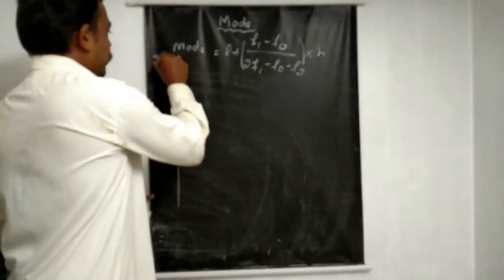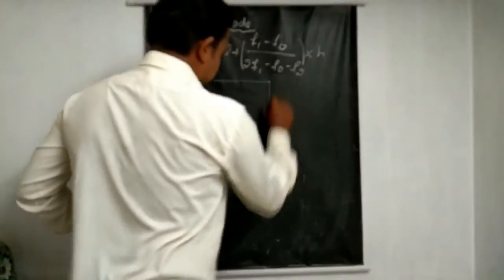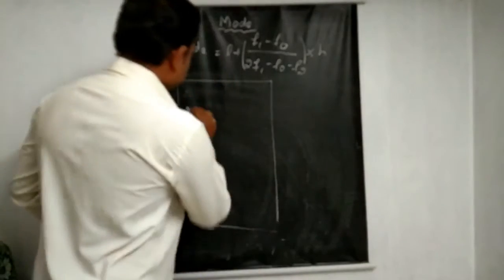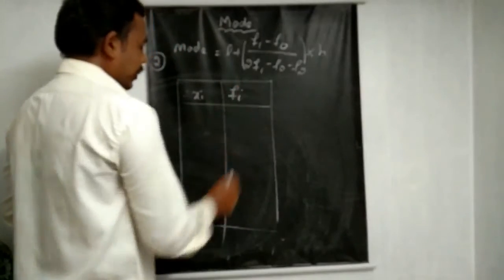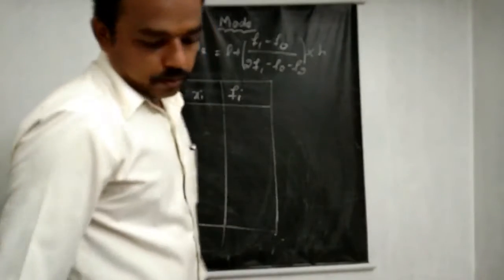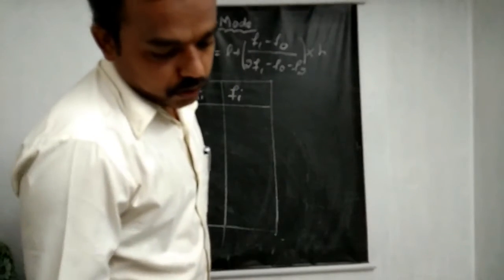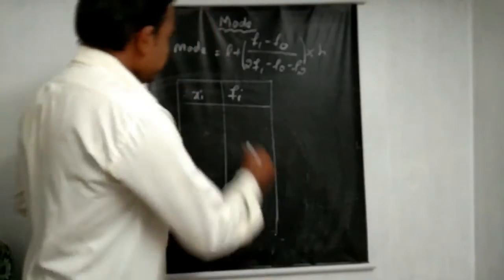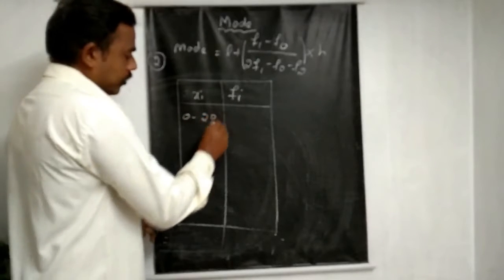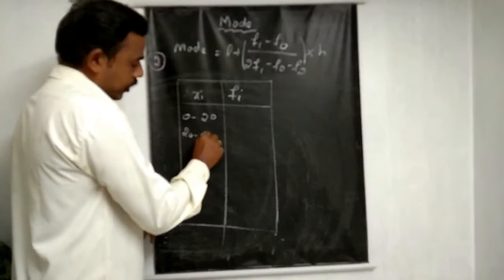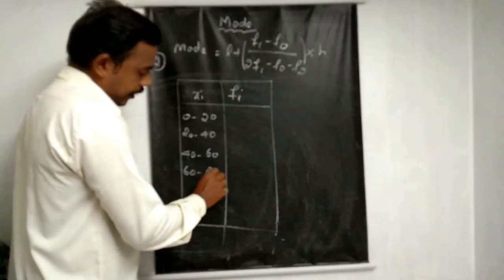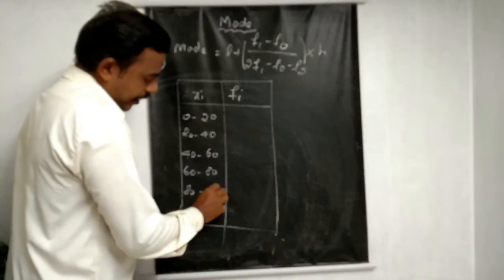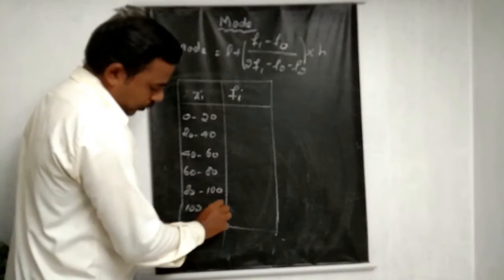Actual table, second problem. So xi, Fi only we need. For the second problem, the classes are 0 to 20, 20 to 40, 40 to 60, 60 to 80, 80 to 100, 100 to 120.